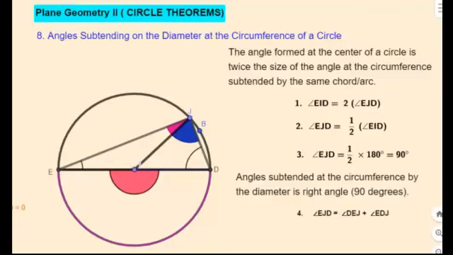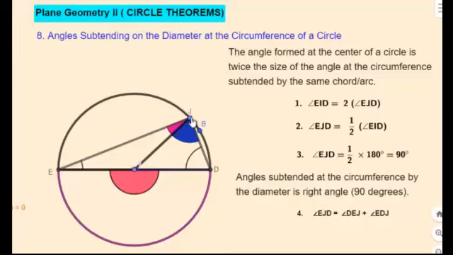So we have this angle EJD is equal to the sum of these two angles, angle DEJ and angle EDG.